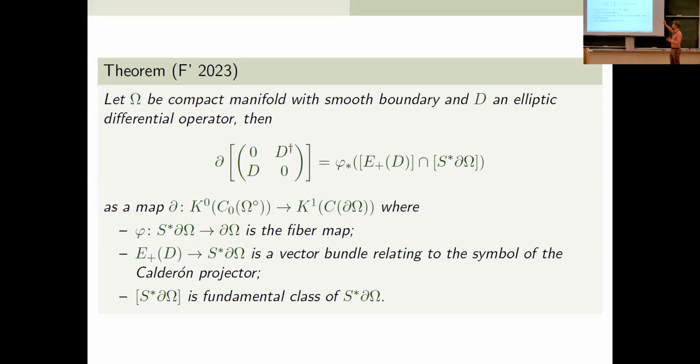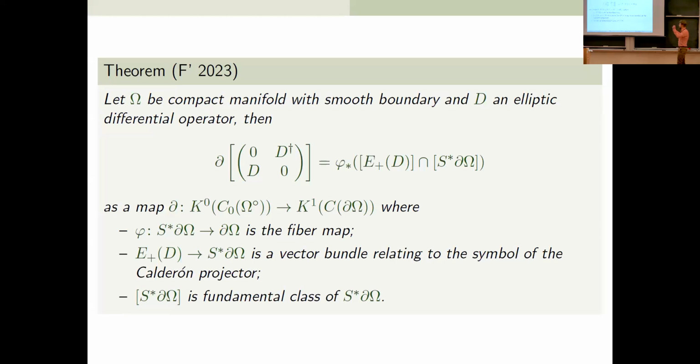Then the boundary map can be calculated like this, where we have some vector bundle coming from the Calderón projector, which is a very classical thing, and this vector bundle is very computable. And then we have this fundamental class of the co-sphere bundle of the boundary.